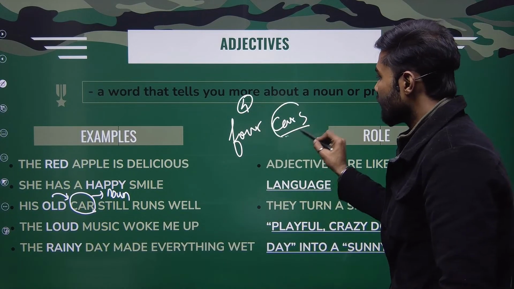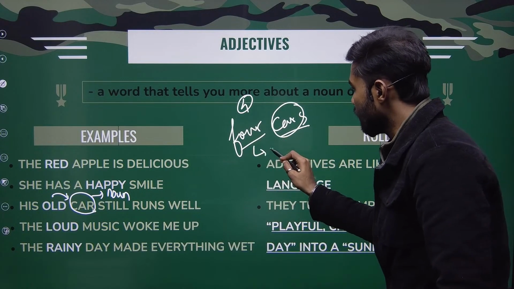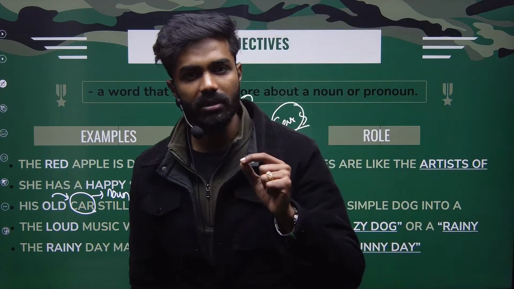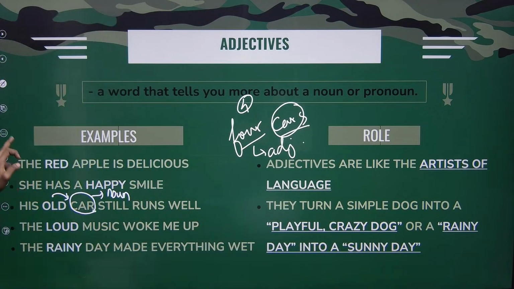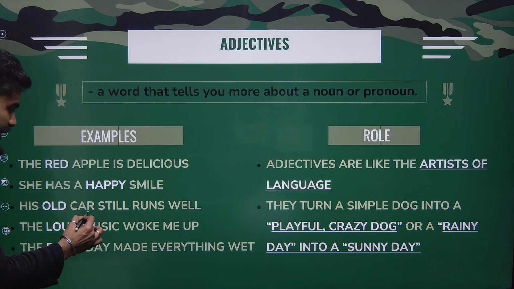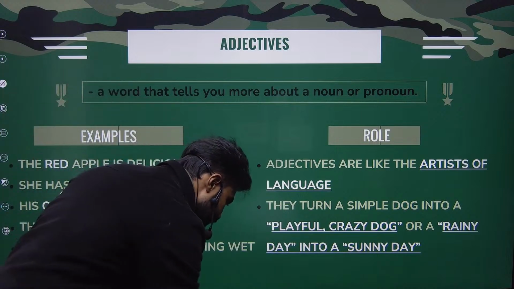Car is my noun. And how many cars? 4. Again, this will be my adjective. Anything, trust me, anything which is modifying my noun or pronoun, I call it my adjective. That's it. Clear? See. Old car. Car is my noun and old is modifying it. The loud music. Music is my noun and loud is giving a specific detail about my noun. All right.